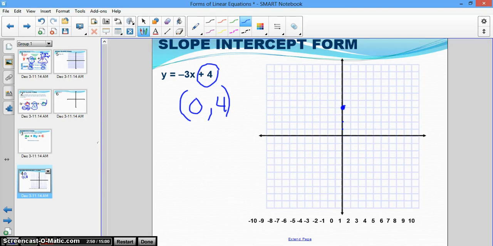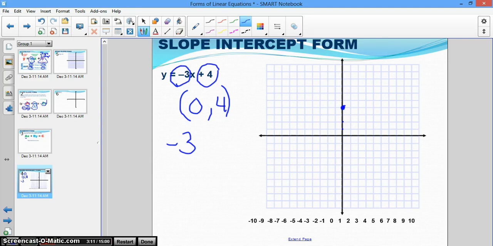Now let's identify the slope. It's the number, the coefficient, before the x variable. Here it is negative 3. To graph this, we go to the y-intercept and we graph a line from this slope of negative 3.